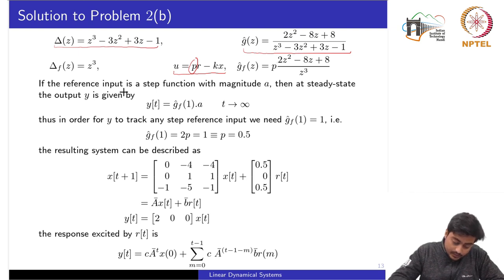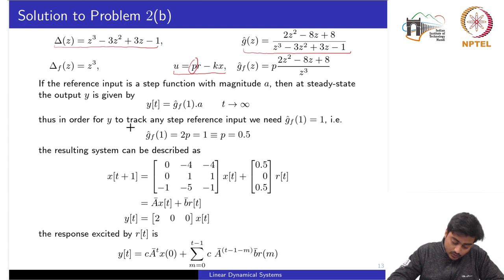Now, if the reference input is a step input with magnitude A, then at steady state, the output Y would be given by this one, G hat F at 1 times A, as t tends to infinity, where t is discrete in nature.